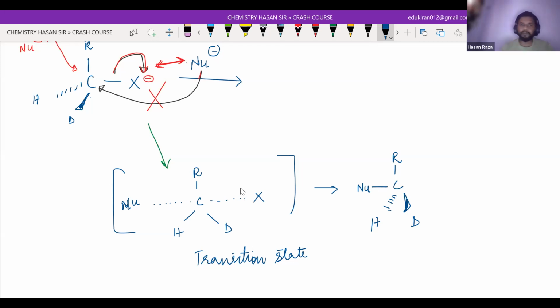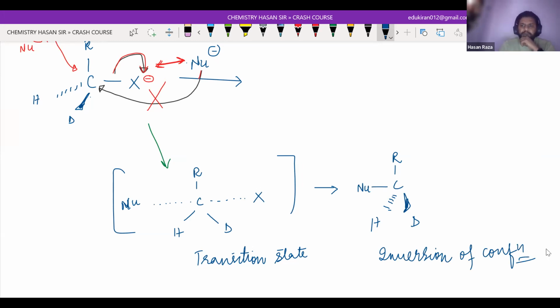If the leaving group leaves and the coming group attaches at the same place, that is retention. And if the attaching group is opposite to that leaving group, that is inversion of configuration. Is that clear, everyone? Yes, sir.